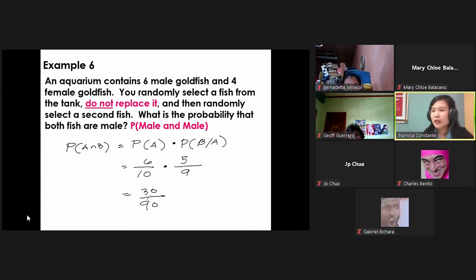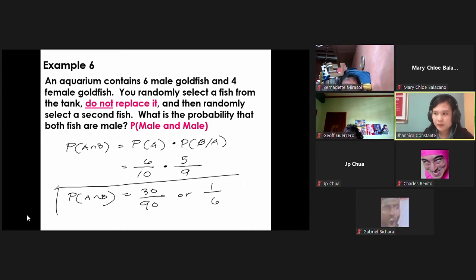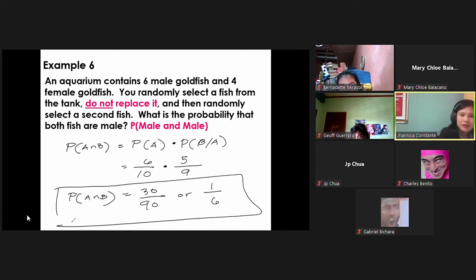Lowest term, the fraction that we have, so we have 1 over 3 as the probability of getting a male and a male goldfish in the aquarium. So that's how we solve this problem for the dependent event that we have.